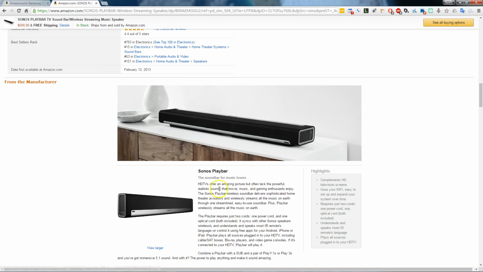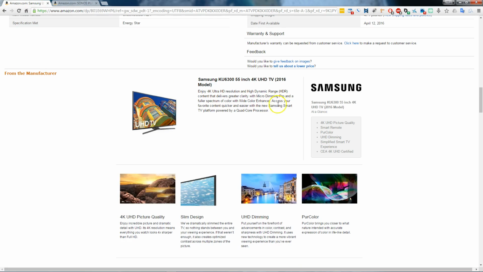First of all, notice and pay attention to the language used in these two paragraphs. Let's take these three. So, compare the language. Enjoy 4K Ultra HD resolution.